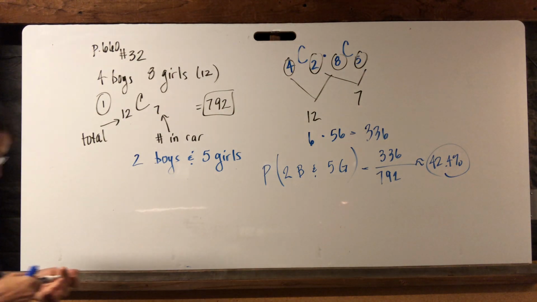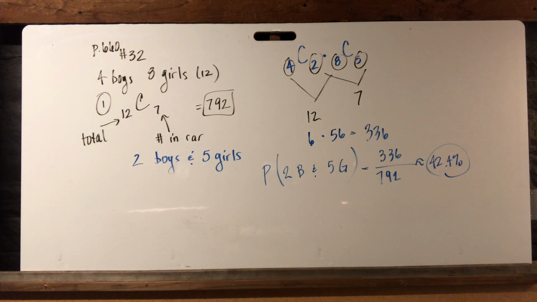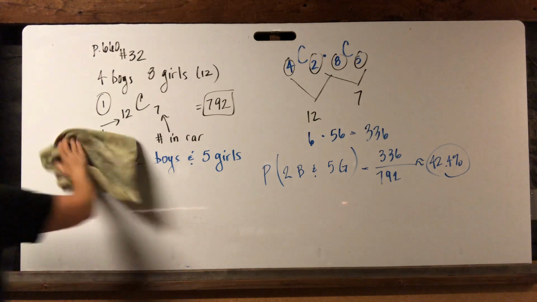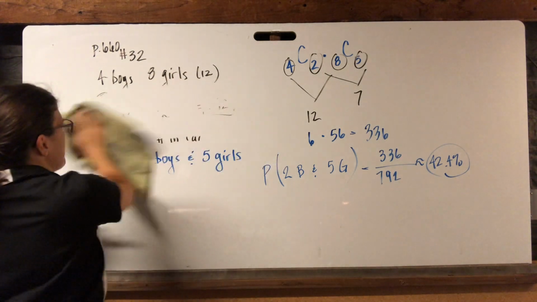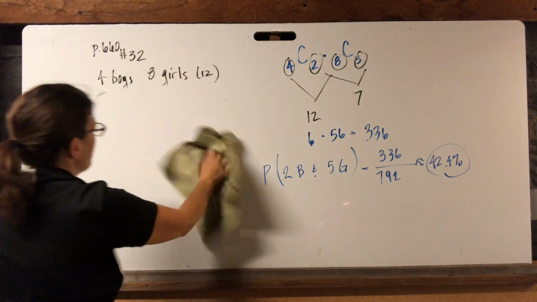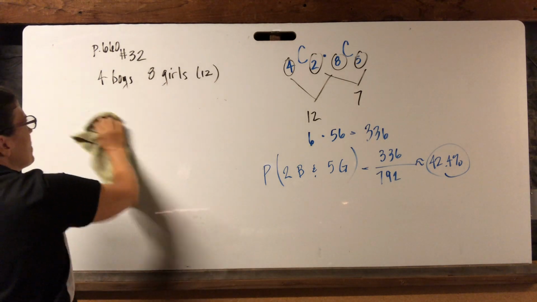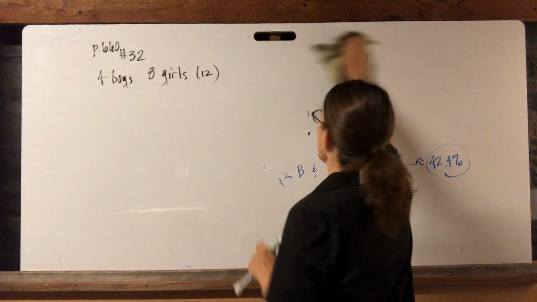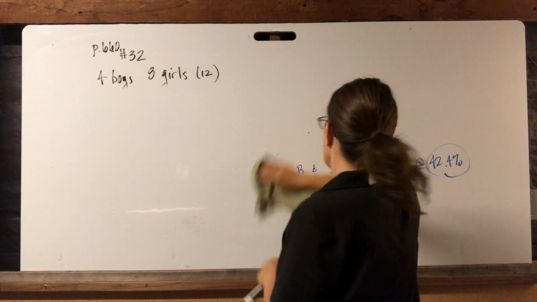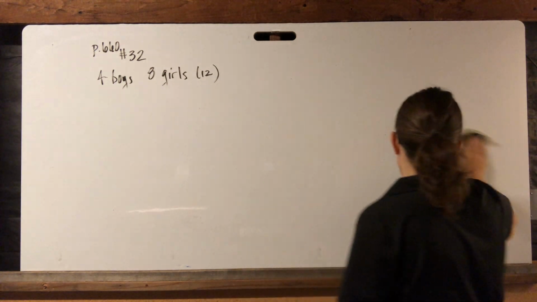All boys, all girls. Okay. All boys or all girls? Seven kids are going, correct? What's the probability that it's all boys?